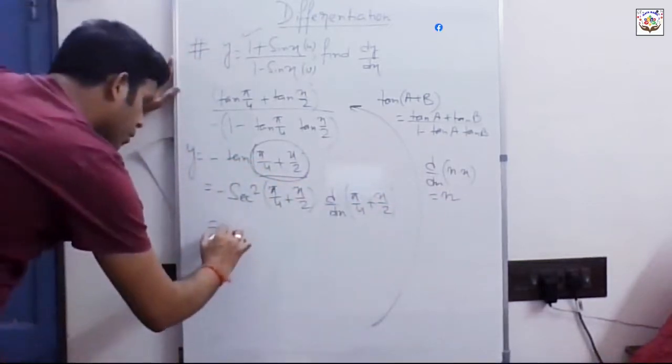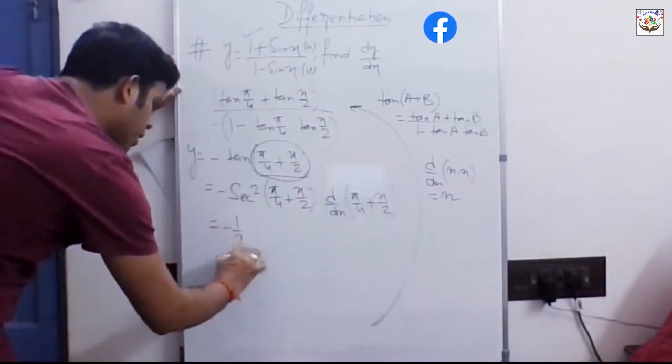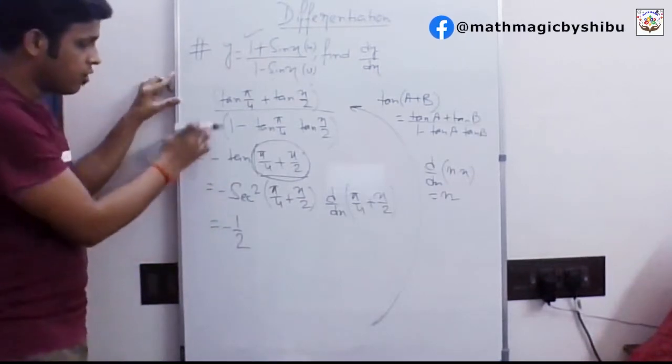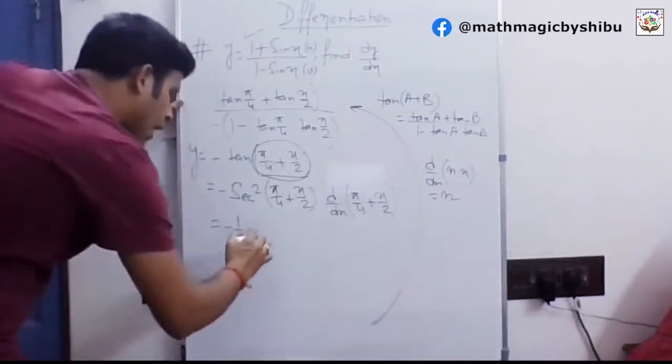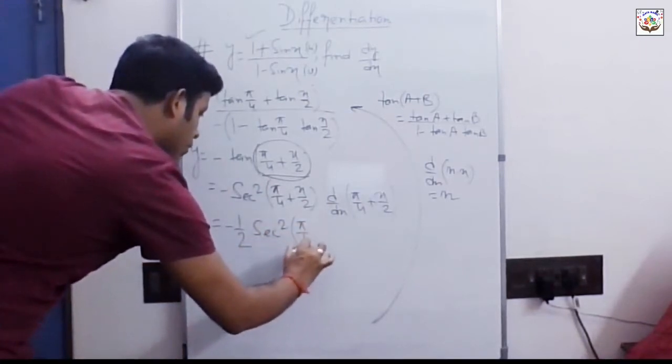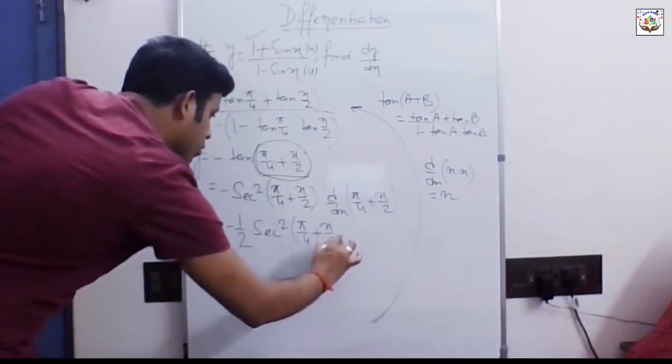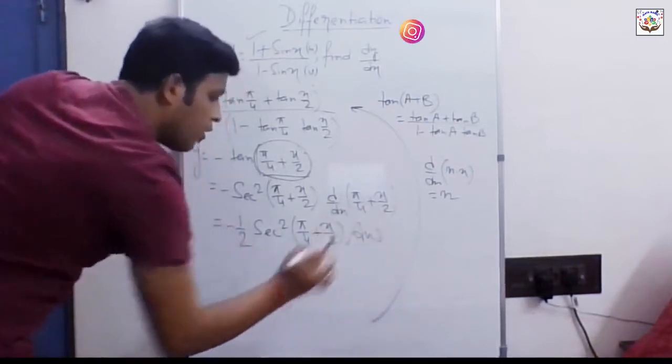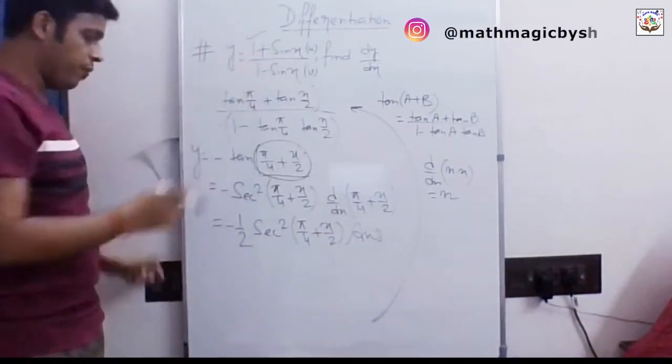Okay, so I am putting half in the beginning, and this minus sign is for this one. And it will be sec square pi by 4 plus x by 2. So this is our answer for this problem.